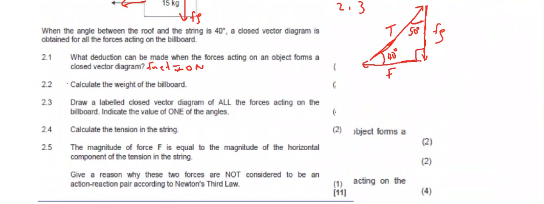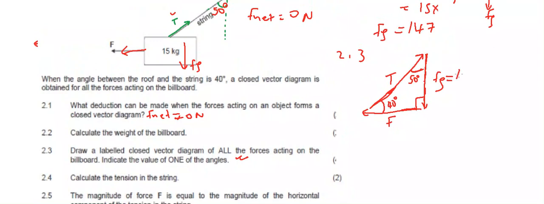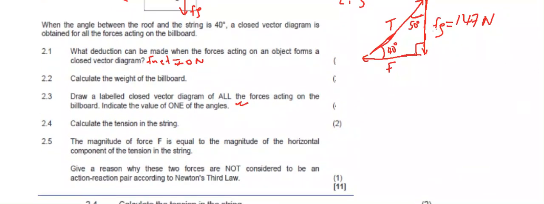After we have drawn the free body diagram and the closed vector diagram, the following question says, calculate the tension. So the focus is on the tension force now. Fg is already calculated, it is 147 newtons.